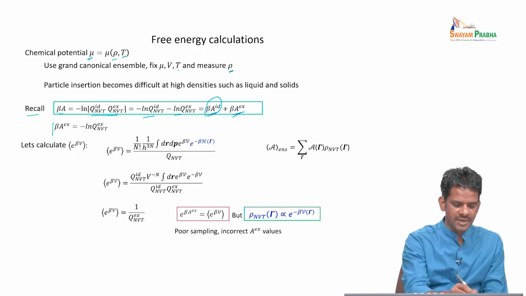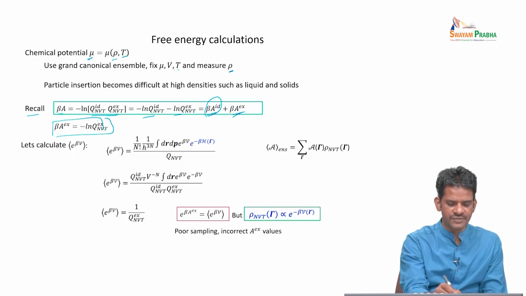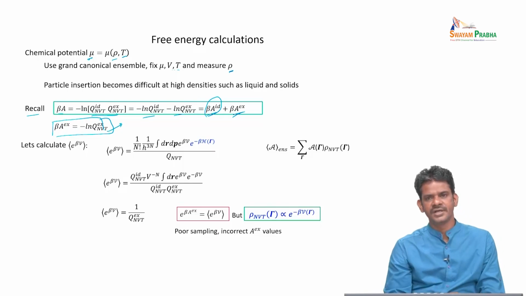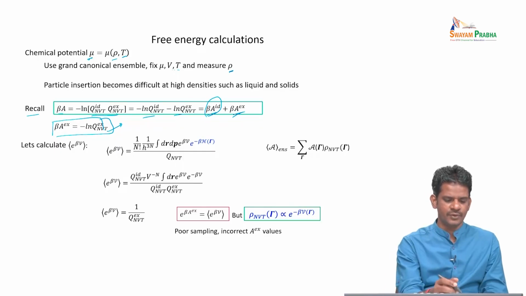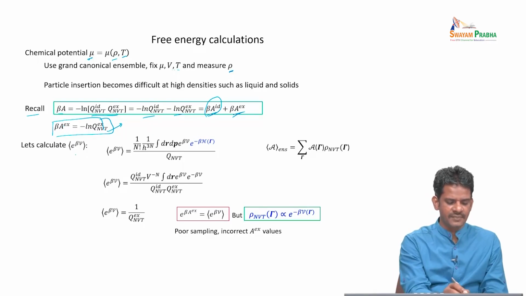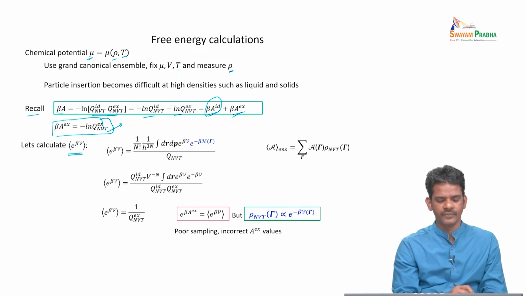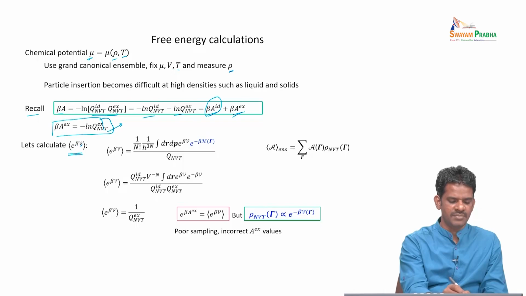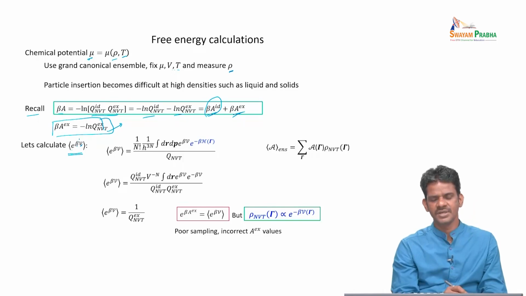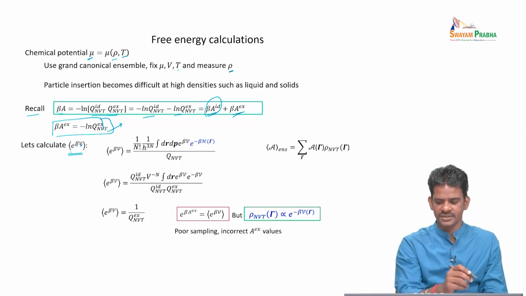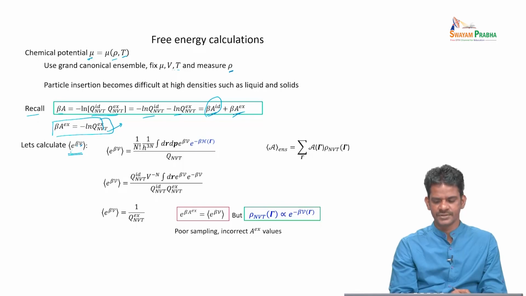This excess part we do not know because this partition function is an integral over the configuration space in which the intermolecular forces become important. So, to get an expression for this excess free energy, let us take the expression for an ensemble average of e to the power beta V. Here V is the potential energy, and beta is the inverse of Kb times temperature.